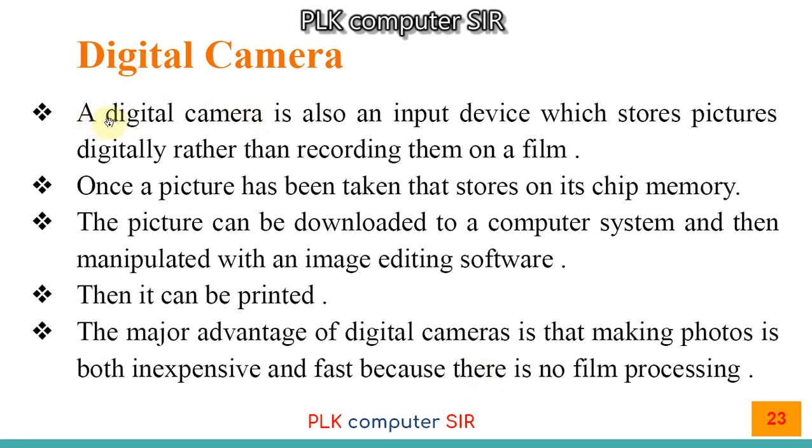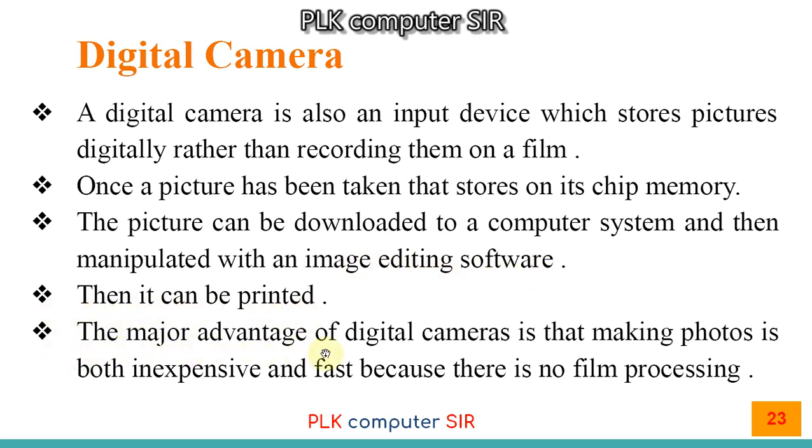Digital camera. A digital camera is also an input device which stores pictures digitally rather than recording them on a film. Once a picture has been taken, it is stored on its chip memory. The picture can be downloaded to a computer system and then manipulated with image editing software. Then it can be printed.